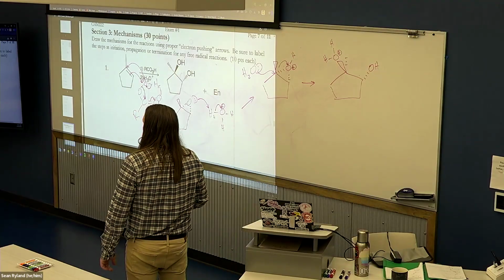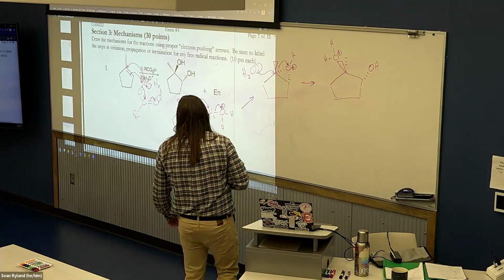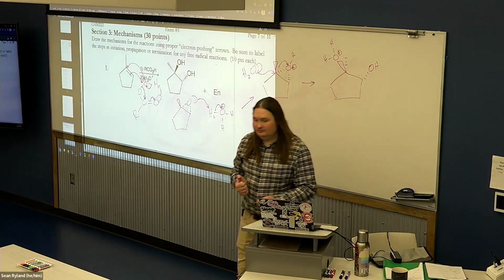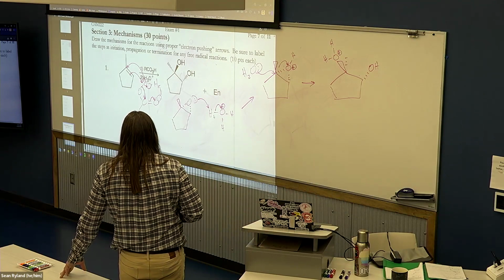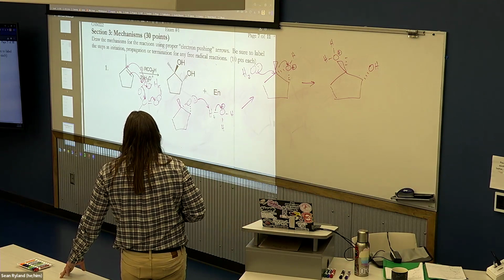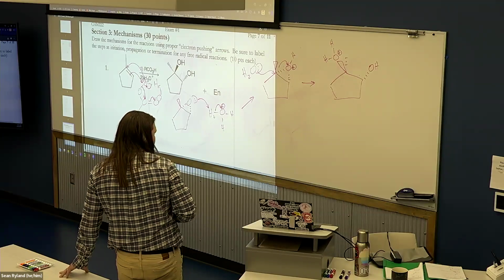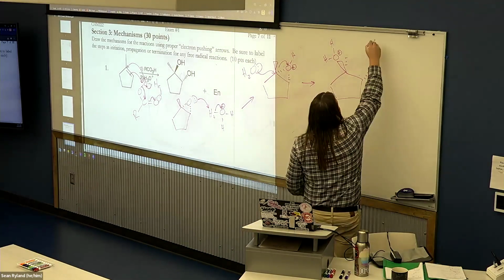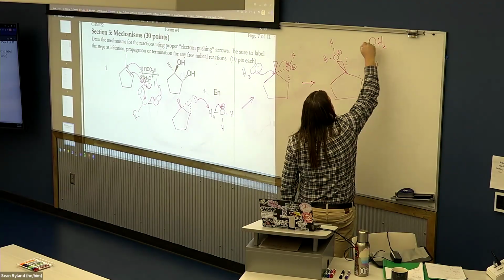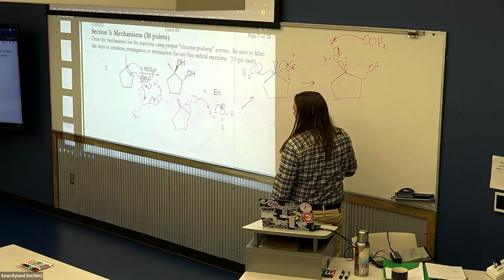All right, then a quick proton transfer and we're home. So our last proton transfers, that would just be something like that.